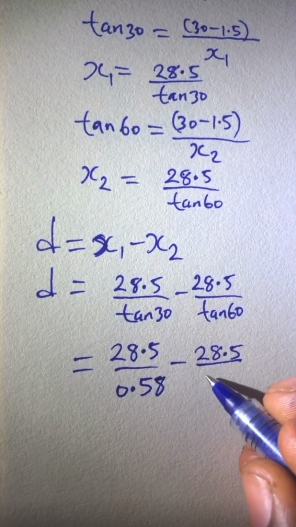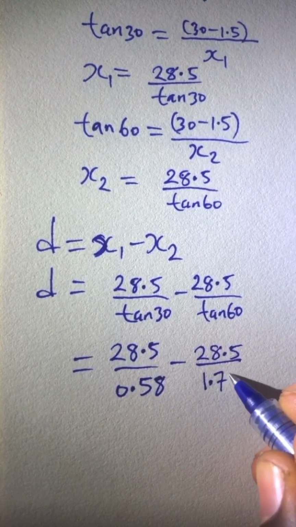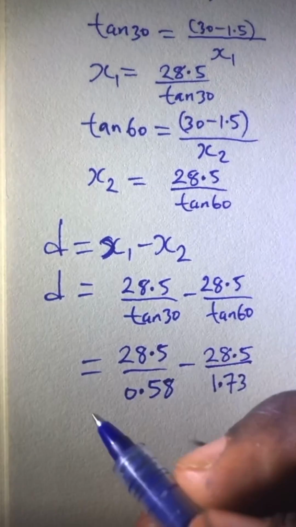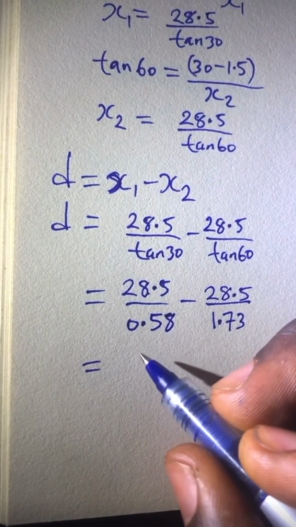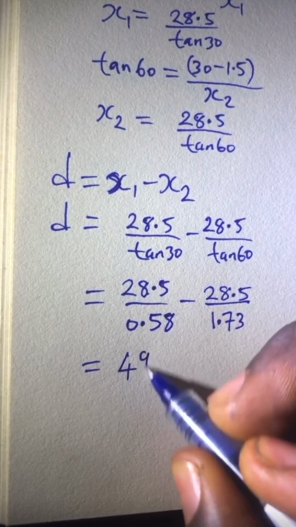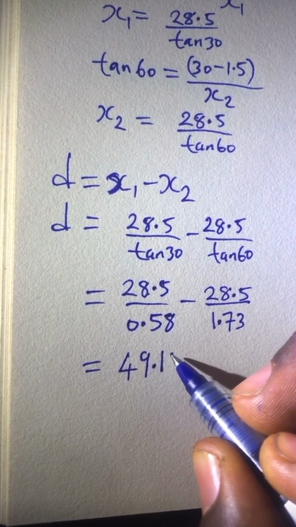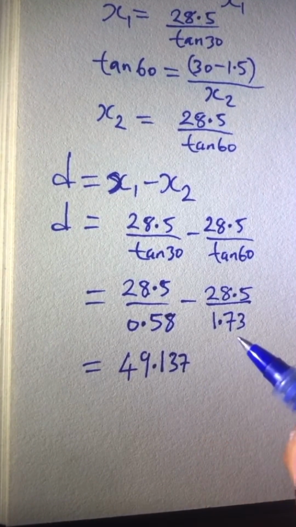Tan 60 is equal to 1.73. This is equal to 49.1337.